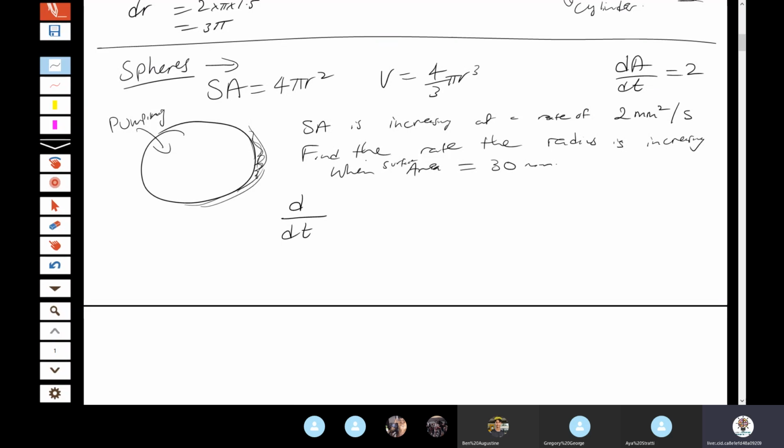Find the rate the radius is increasing. dr. So how can you write dr on dt? dr on dA times dA on dt. Yes.